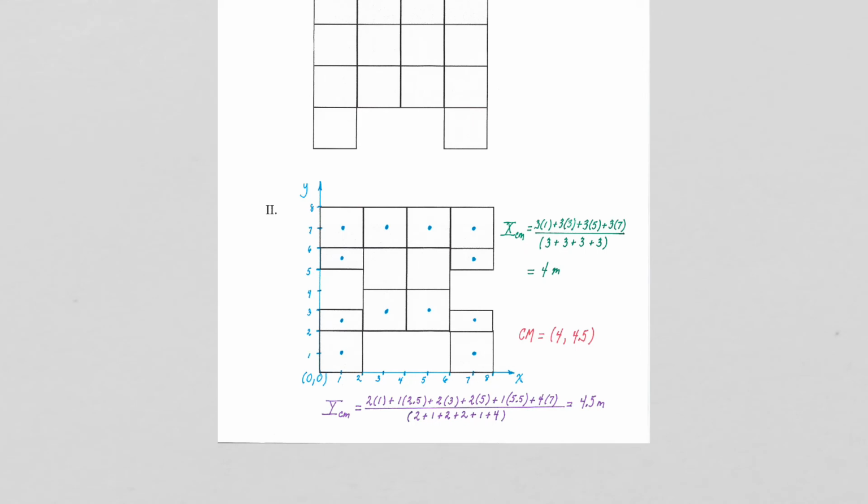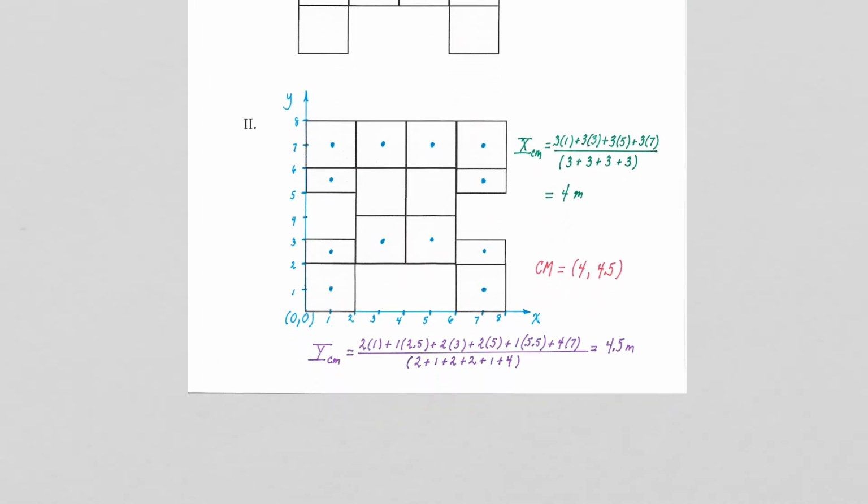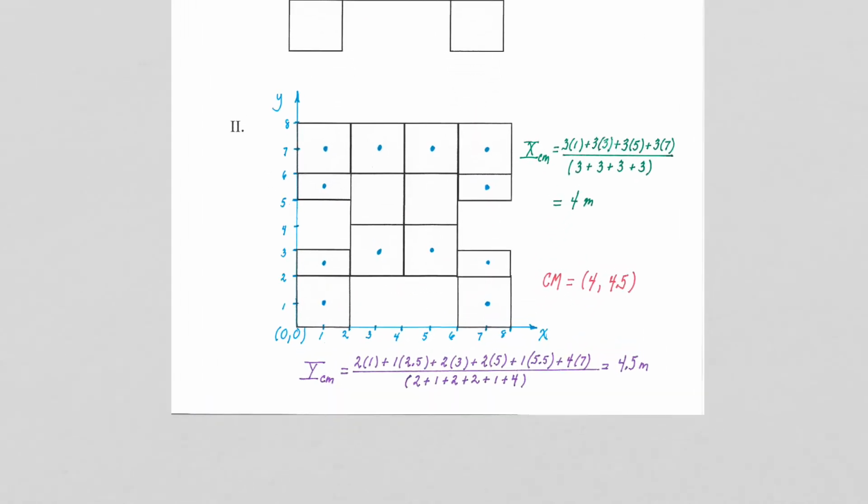So for this configuration, in the x direction, we have positions 1, 3, 5, and 7. So we have 1, 3, 5, and 7, and we're just going to count the masses at 1. So we have 2 full boxes, 2 half boxes, so we have 3 total masses sitting at position 1.